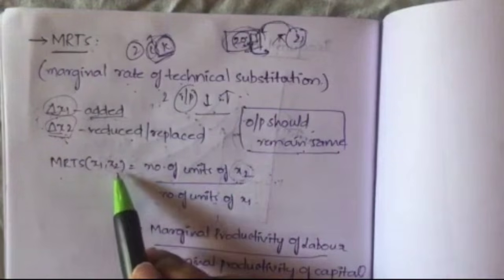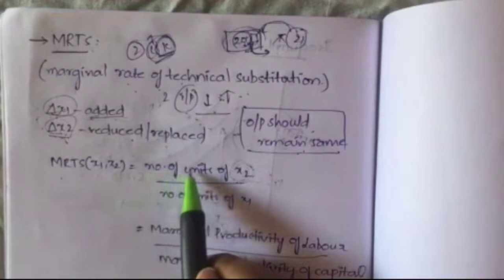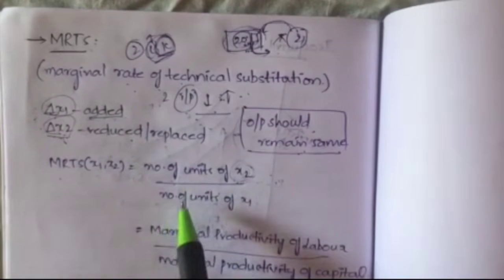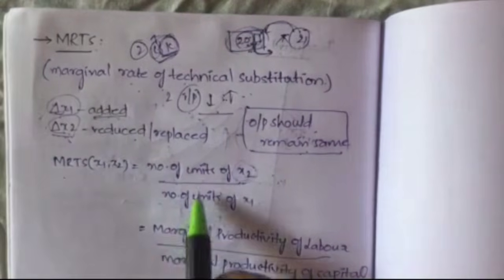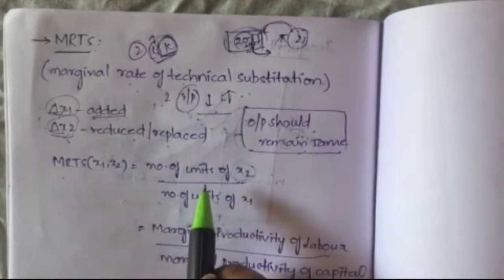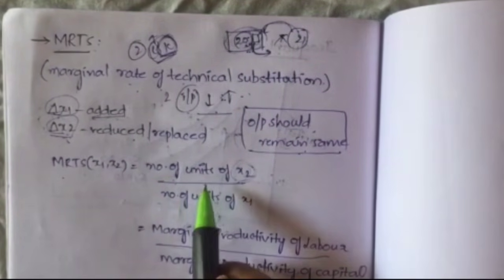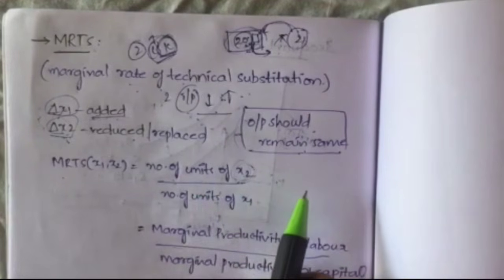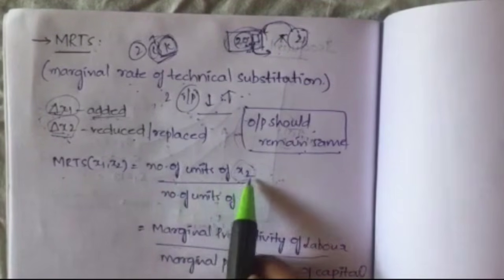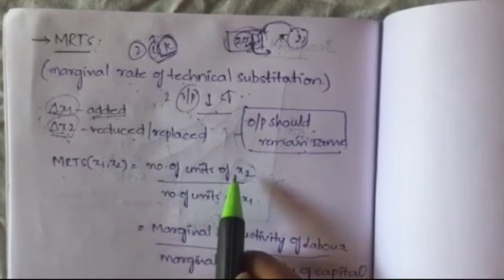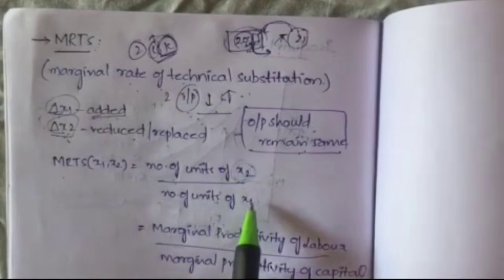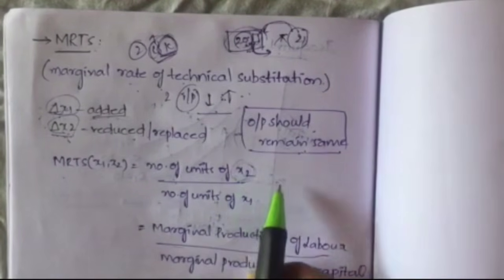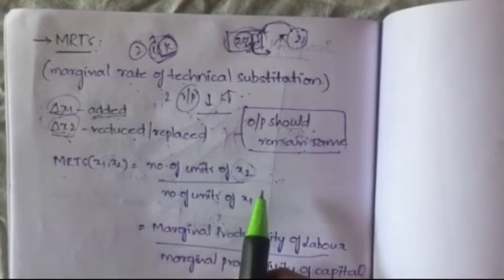So MRTS of x1 comma x2 is the number of units of x2 by the number of units of x1. From this you can know how much of one input can be sacrificed while still maintaining the same output. That means how many units of x2 it can sacrifice in order to accommodate x1 so that the output remains the same at the end.